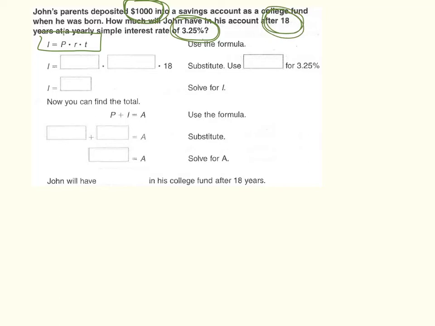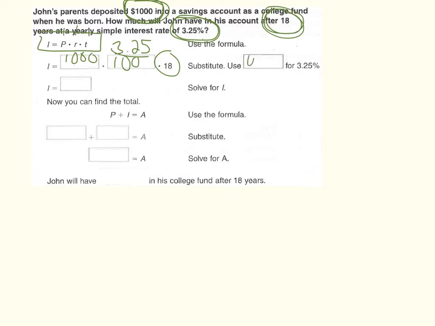So we have P, R, and T. The principal is 1,000. The rate is 3.25%, and the time is going to be 18 years.